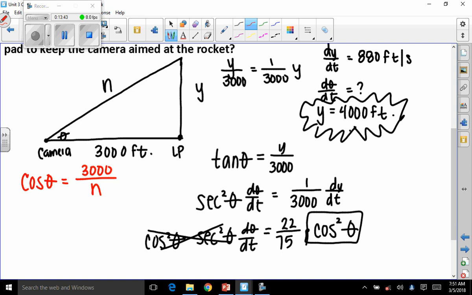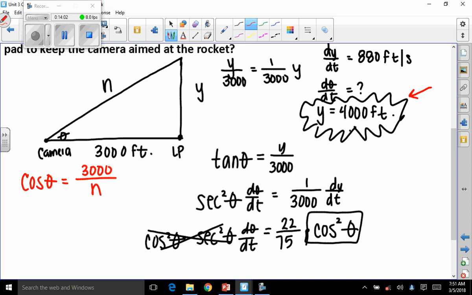But when you're dealing with the derivative, you're dealing with the derivative at this specific instant, yes? When y is 4,000, okay? So if this side is 3,000 and in my instant y is 4,000, what has to be at my instant?